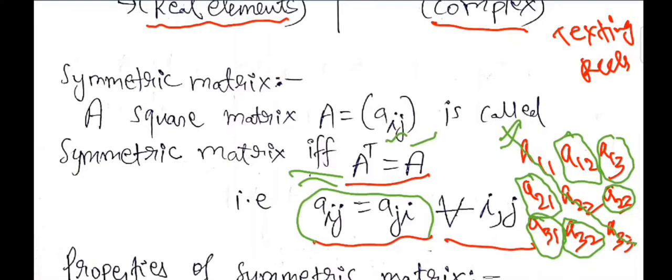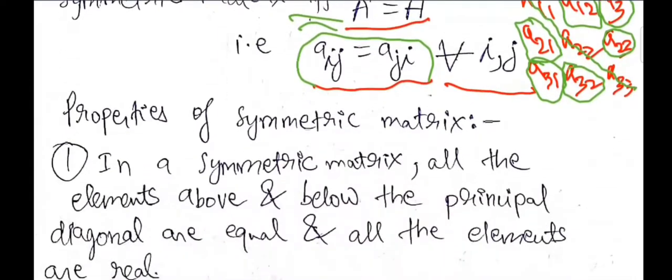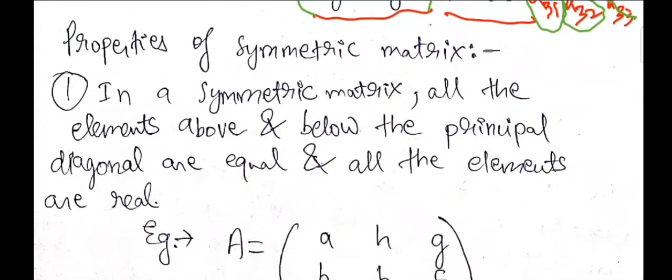Now, properties of a symmetric matrix. A symmetric matrix is a square matrix in which elements on both sides of the principal diagonal are equal, as you can look over here. This element will be equal to this one, this will be equal to this one, and this will be equal to this one, if it is a 3 cross 3 matrix. If it is 4 cross 4, such a situation will also arise.